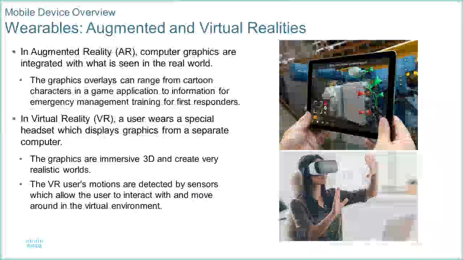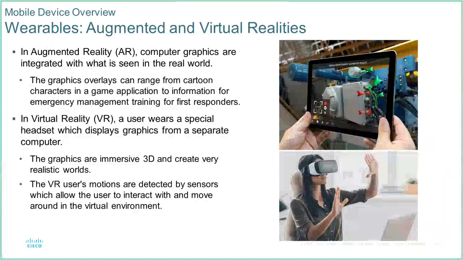So the same thing can occur when you're looking at maintenance applications or anything. Really, your imagination is the limit as far as development of where augmented reality can come to.